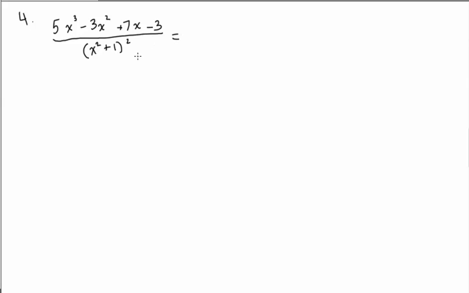So the denominator, we see we have a nonlinear, we have a quadratic term, and the quadratic term is repeating. So what do we need down here? Well, for this part, we can do x squared plus 1 squared, and then I would need an x squared plus 1 to the power of 1.